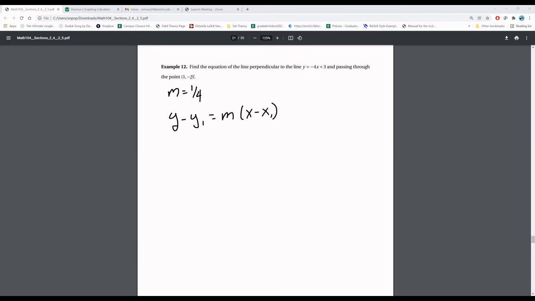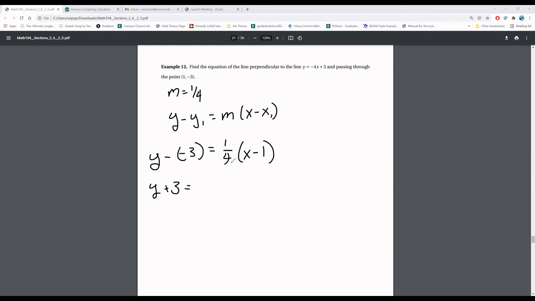We have our point, 1, negative 3, and we have our slope, which we found earlier. y minus y1, where y1 is negative 3, is equal to 1 over 4 times x minus x1, where x1 is just a 1. This becomes y plus 3.